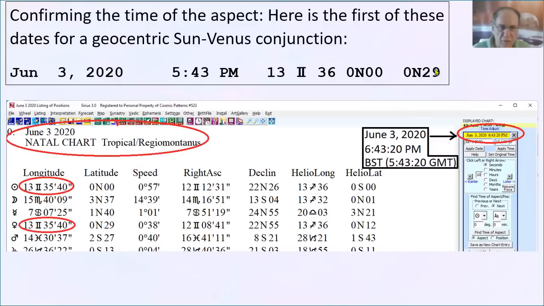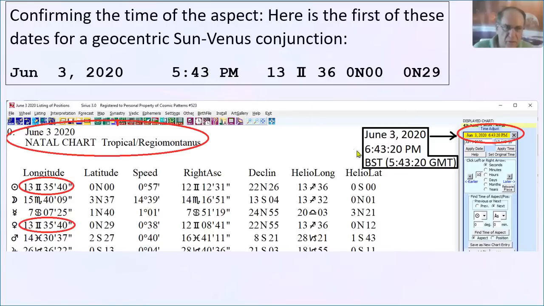And just to show you in the Sirius software, if you do a time adjust while you're looking at the listing, just to confirm, you'll see that on June 3rd, 2020, at Greenwich Mean Time, 5:43 and 20 seconds. So the listing says 5:43, rounded off to the nearest minute.